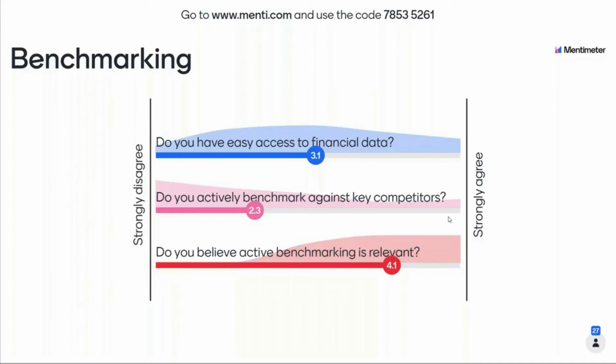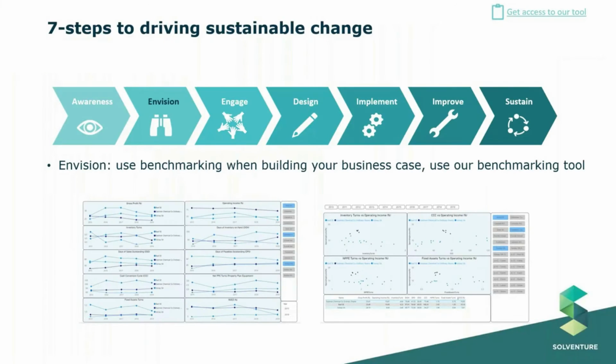And switching back to my other presentation, when do we use it? For instance, here again in that envision phase, we use it when we build business cases. A lot of business cases for S&OP are built on reducing inventory, because there is an impact on inventory. But how aggressive do you want to be in reducing the inventory? Well, here a benchmark can really help.